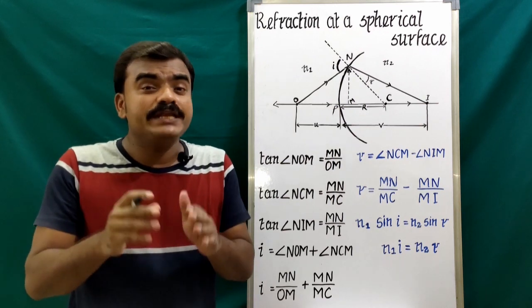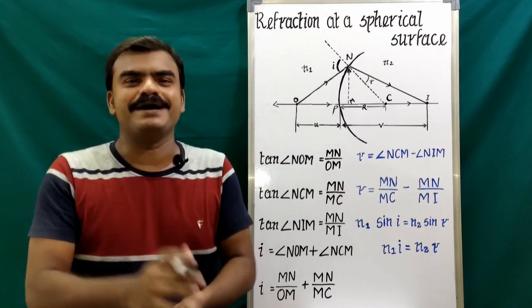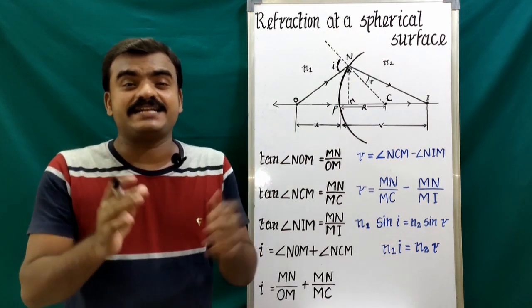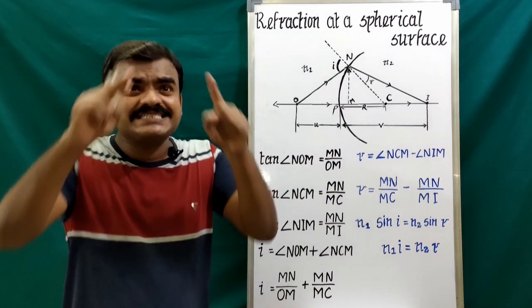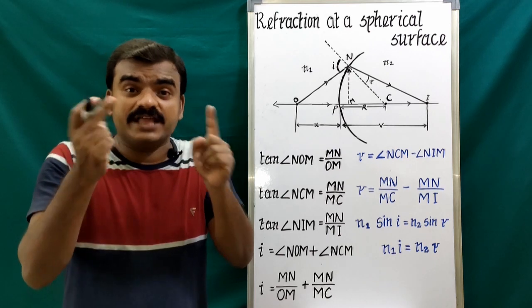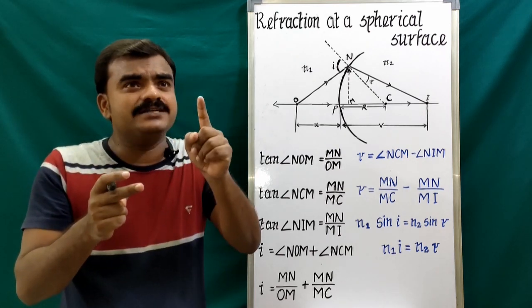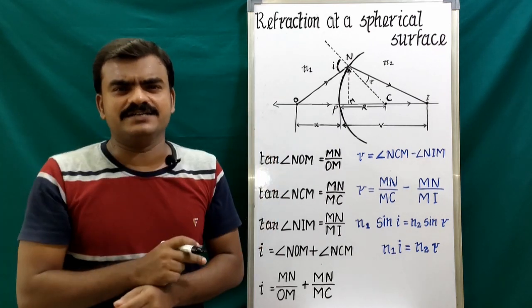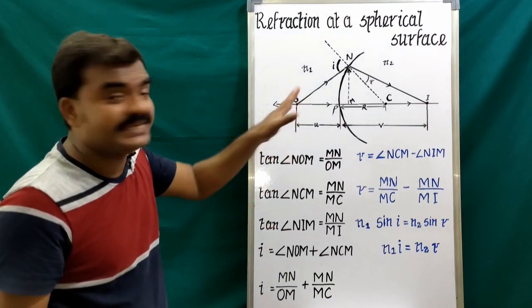For this also, we need to remember our lower class mathematics, properties of triangle. If we know the sides of the triangle, we can get the angle. Otherwise, if we know the angles, we can get the sides of the triangle. We can apply this property here.